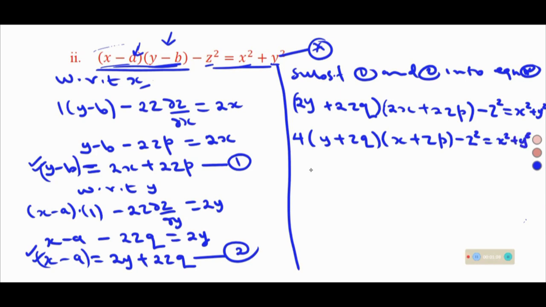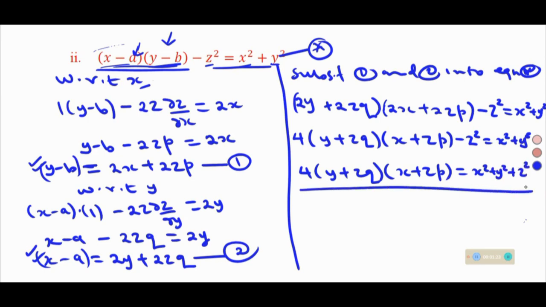Now, if you reach here, you can take z squared the other side, and we have 4 into y plus zq into x plus zp, which is equal to x squared plus y squared plus z squared. So you can simplify further this, or you can leave your answer at that given state, because we already have the partial derivatives, that is 2p, then our equation does not contain a and b. So this will be our answer for that example number 2.